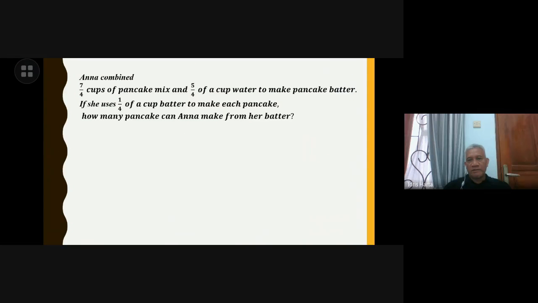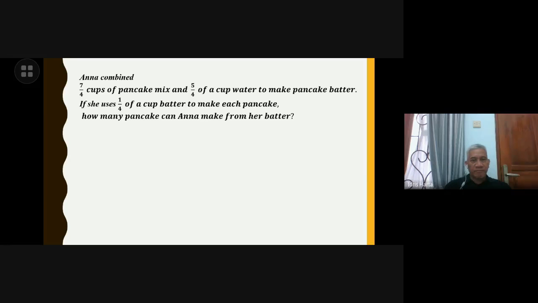Let's go. The question: Anna combined 7/4 cups of pancake mix and 5/4 of a cup of water to make pancake batter. If she used 1/4 of a cup of batter to make each pancake, how many pancakes can Anna make from her batter?